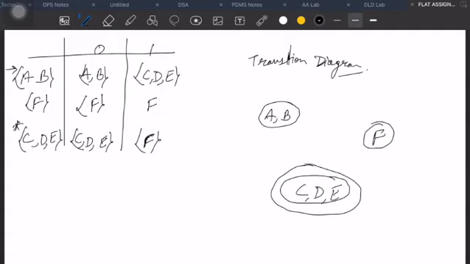F is going to F on 0 and 1. CDE is going to CDE on 0. CDE is going to F on input 1. AB is going to CDE on input 1, and has a self loop on 0.